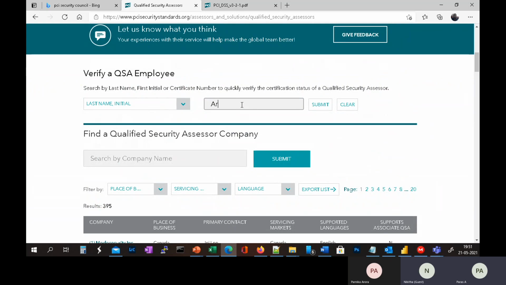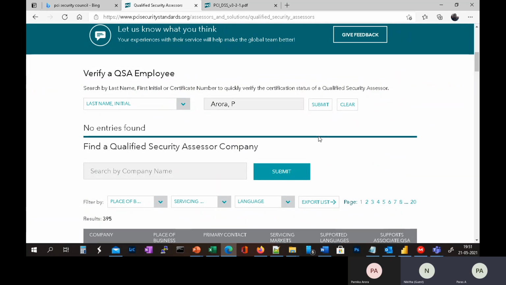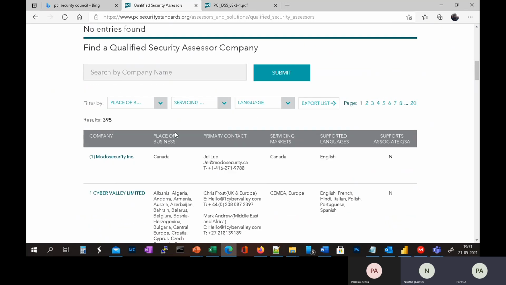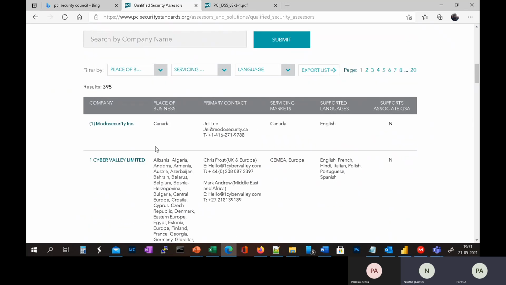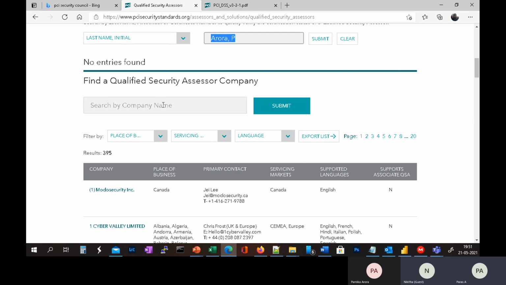So for example, if I try putting in my name, my certification is expired, so it won't show, but you can look it up by the company. My certification expired when I joined PwC. I was a QSA at Verizon because Verizon is a QSA company. When I joined, PwC was not a QSA company.